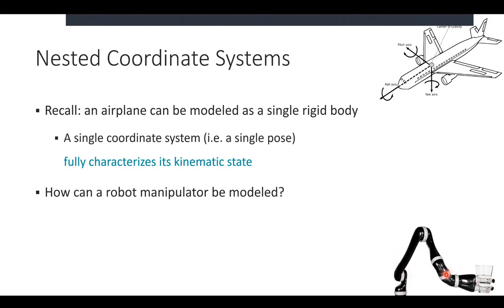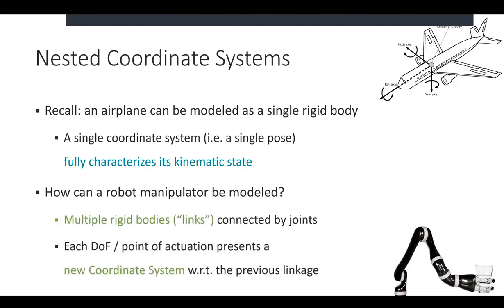So if I'm rotating my wrist, the position of the end effector is going to be conditioned on all of these other things that come before it. And so now I'm going to be looking at this as, well, each one of my links is a rigid body, and so I can use that definition to construct a model of my robot. It's just going to be this nested definition because each link further down the line is going to depend on the rotations of all the links before it.